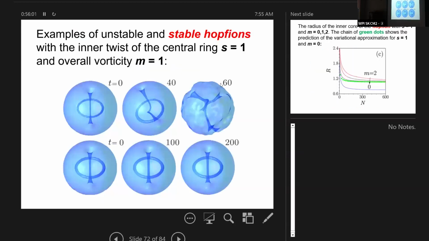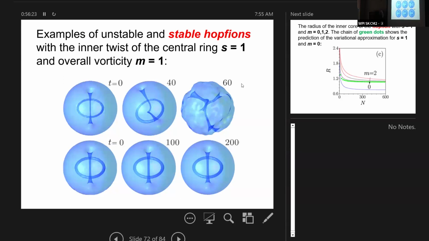Okay, so this is the result of the stability analysis, the simulations, and what happens is that depending on the parameters, this Hopfion may be quite stable. First of all, when its vorticity is equal to 0, and we only have S equal to 1, the intrinsic twist.